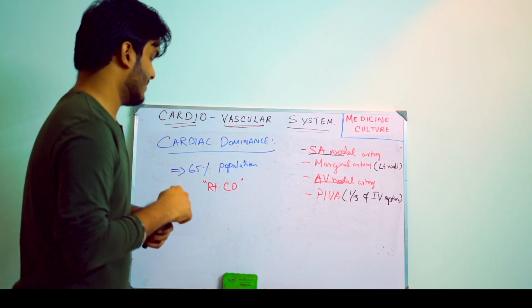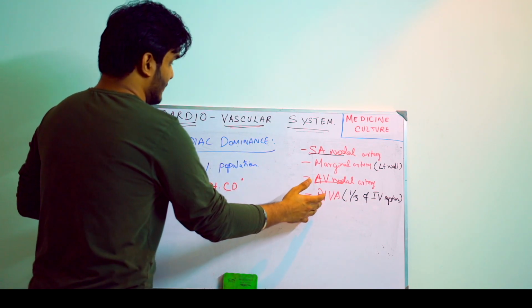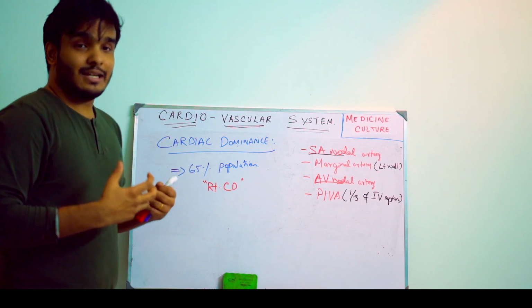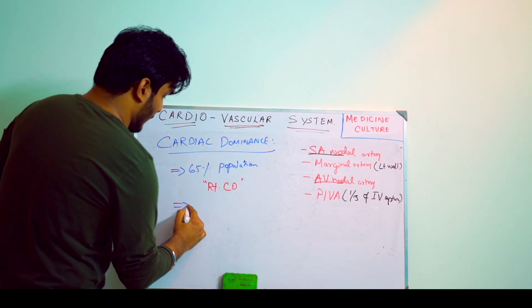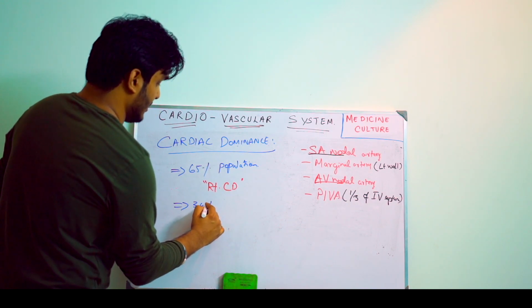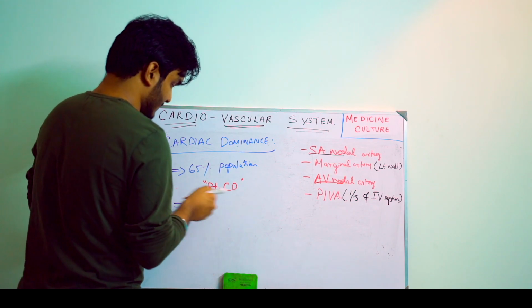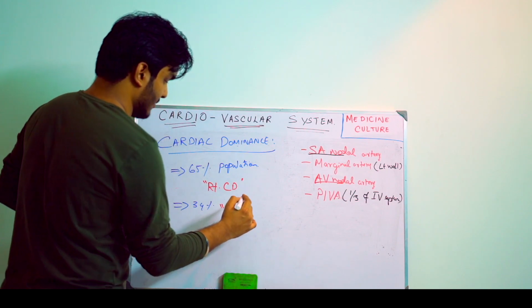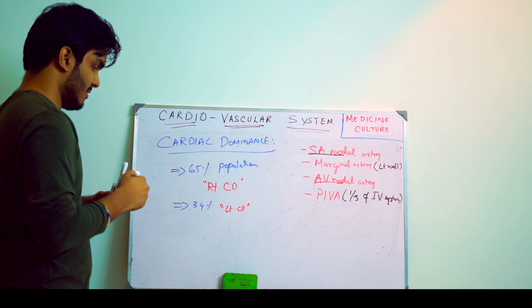Let's take myself for example. If I have the posterior interventricular artery as a branch of the right coronary artery, that means I have right-sided cardiac dominance. The next set of the population, roughly 34%, have left-sided cardiac dominance. It means that the PIVA is a branch of the left coronary artery. The remaining 1% of the population have a special feature called codominance. These people have both right-sided and left-sided cardiac dominance, meaning the PIVA is a branch of both the right coronary artery and the left coronary artery.